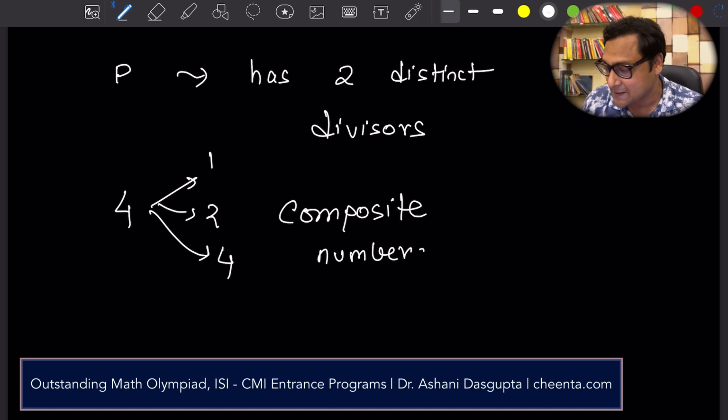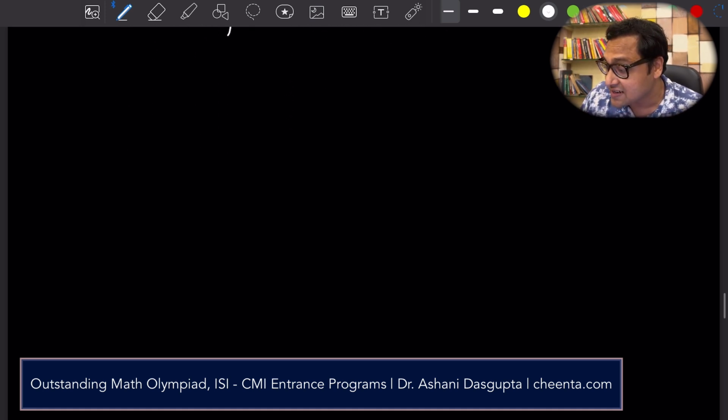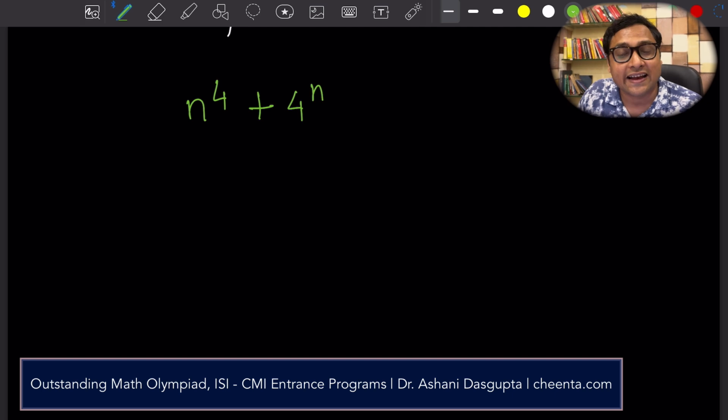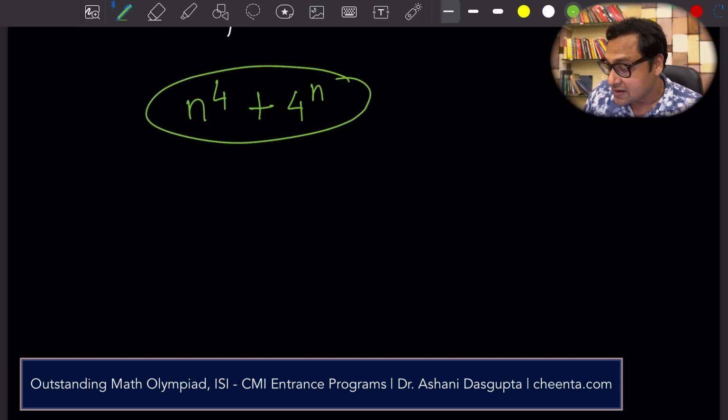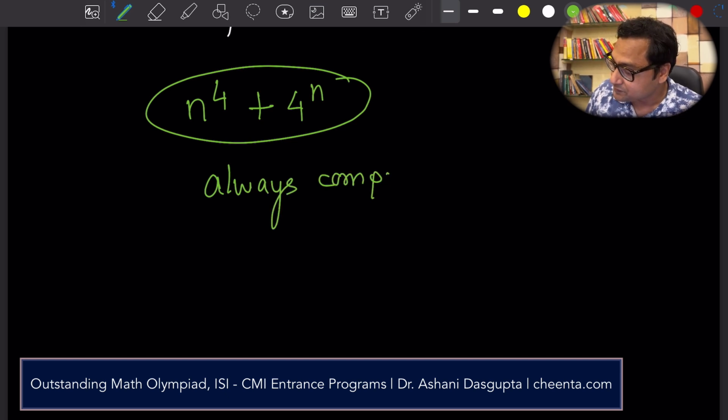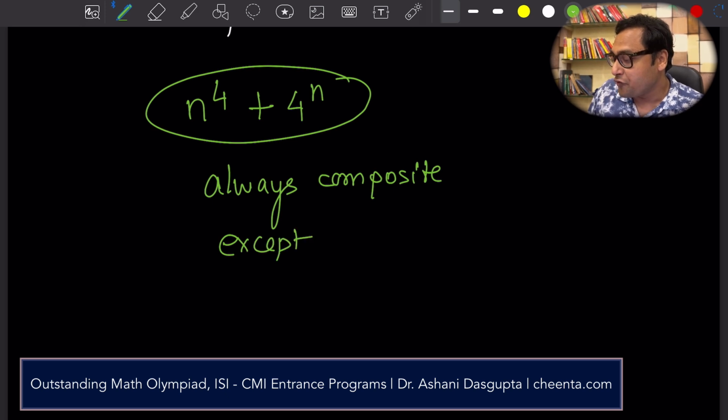There are many beautiful theorems related to prime numbers and composite numbers that can be used as practice problems. One of them that we discuss in our Math Olympiad program is like this. If you have a number n to the power 4 plus 4 to the power n, this number is always composite except for n equals 1.